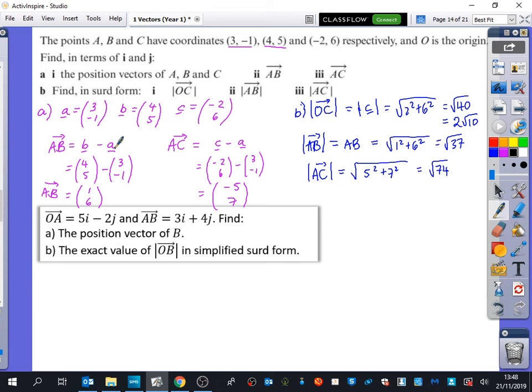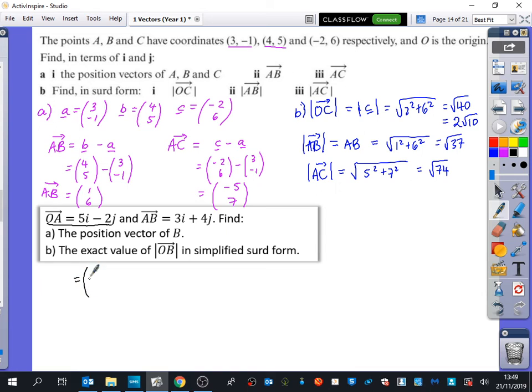So, can I start the next example? Yeah? We've been given two pieces of information here. We've been told that OA is equal to (5, -2), AB is (3, 4), and we're going to try and find the position vector of B. There are a few ways of doing this, but I perhaps would start off and take some of the information from the question and write it out.